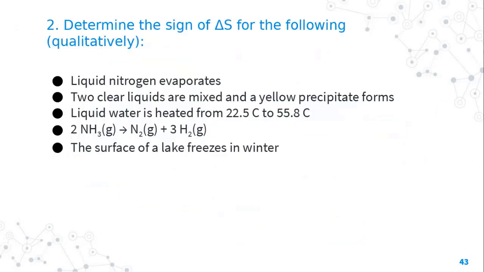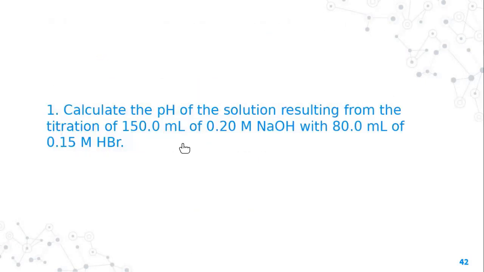So number 2 asks us to determine the sign for delta H. What's the process if NaOH was the limiting? Okay, so if NaOH was limiting, so we ran out of NaOH, then we would just have HBr left. And so same scenario, we just want to figure out how many moles of HBr we have. That's our moles of H plus, right?